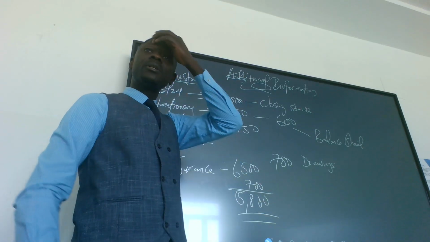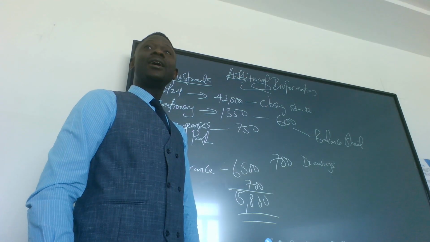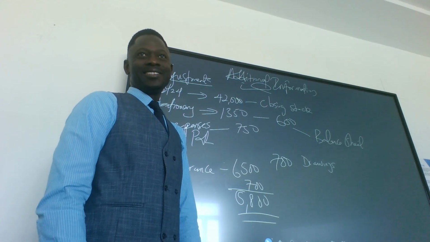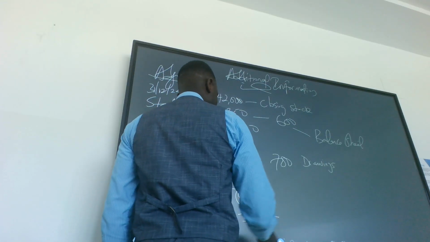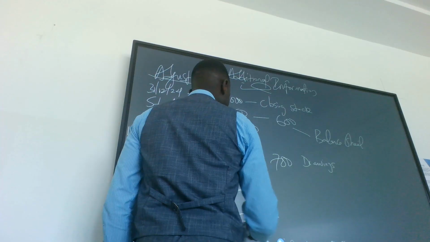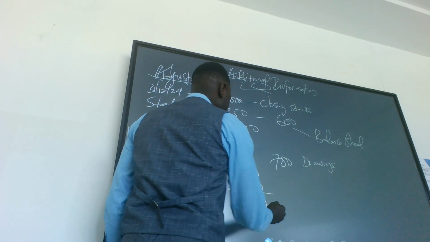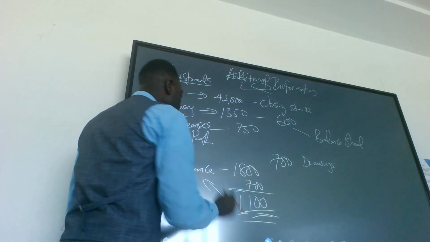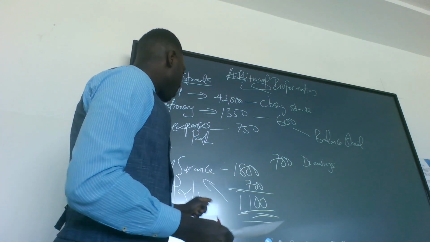Please check insurance. Business insurance is 1,800. So 1,800 minus 700 is 1,100. So insurance is now 1,100 for your profit and loss account.